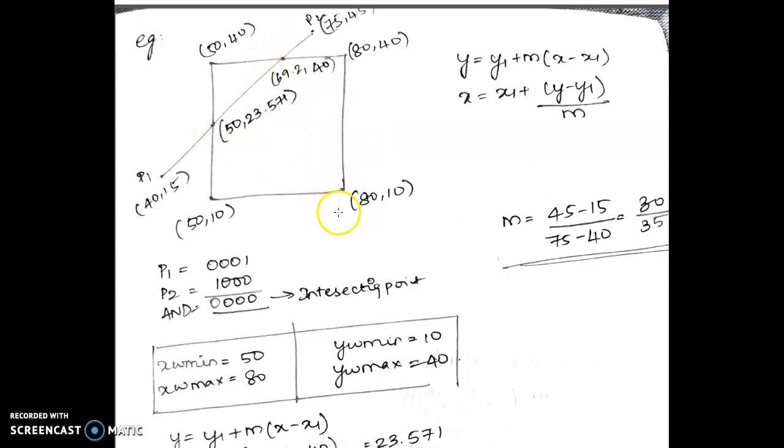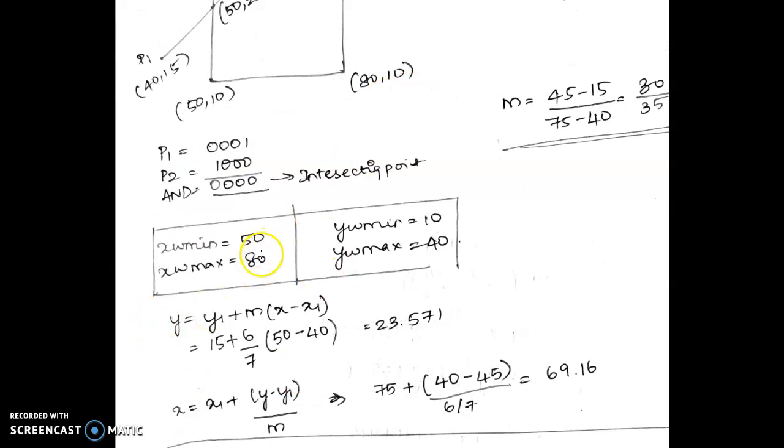Let's see how we do that now. It's actually very simple. As I've already told you the line equation, to find Y, we put Y equals Y1 plus M into X minus X1. The Y1 we are taking is this P1 point's Y coordinate, which is 15. The M value is 30 by 35, which can be simplified as 6 by 7.